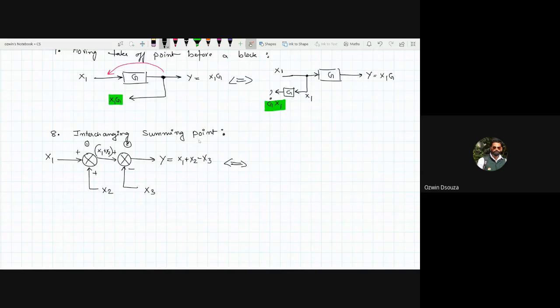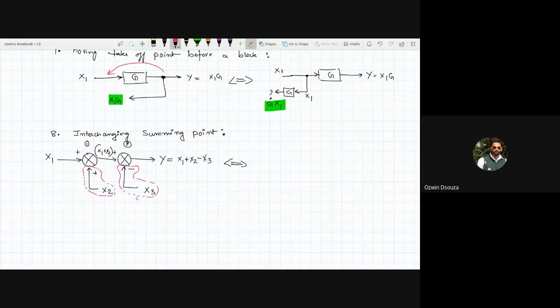Now in interchanging summing points, we interchange the signals along with the sign. That means signal x2 with sign plus is exchanged with signal x3 with the negative sign. So when you interchange the summing points, you have to interchange the signal values, right?